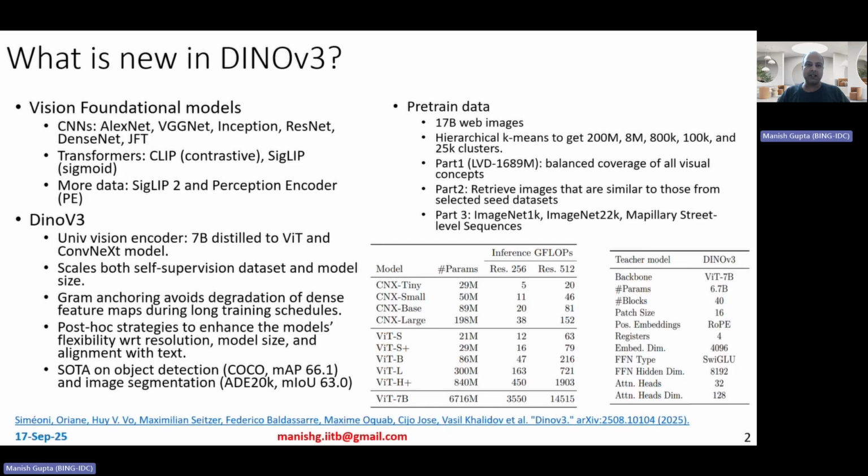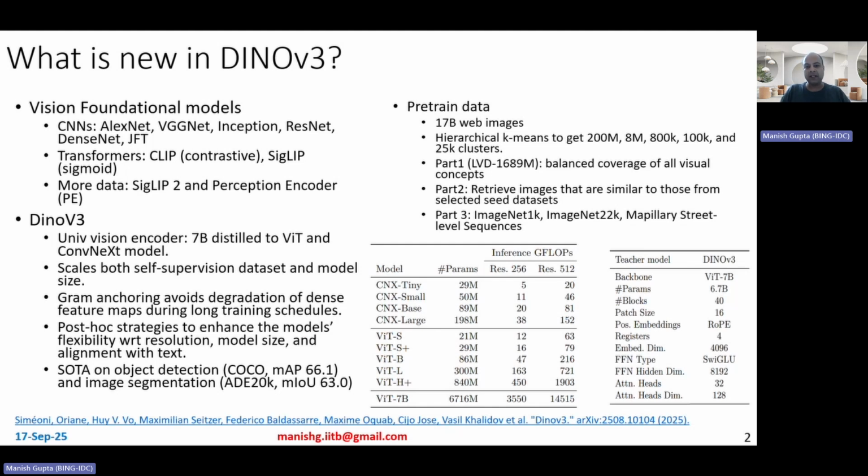Now, in that line of work, DinoV3 is a new vision foundation model. It follows the DinoV2 line of work. It is a universal vision encoder with 7 billion size. So there's a 7 billion sized model, the largest DinoV3 model. And there are smaller models as well, which have been distilled to the Vision Transformer family, which is ViT, and the ConvNeXt family of models, which sit on the transition between CNNs and transformers.